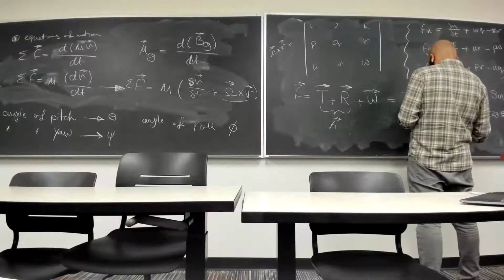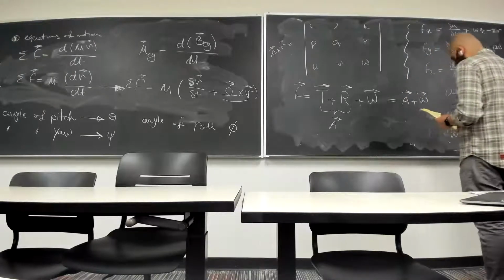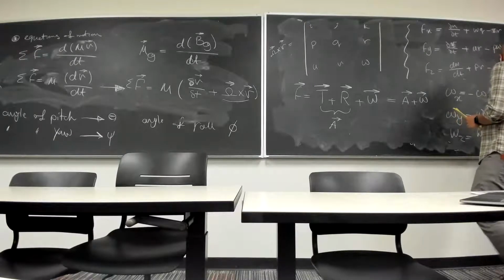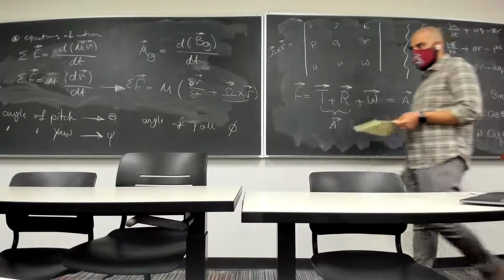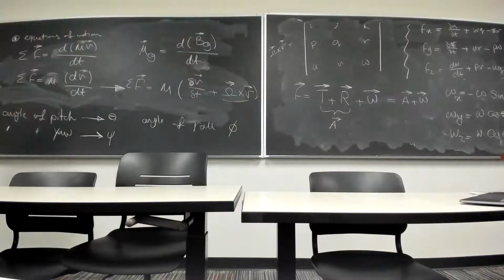And your weight force in the z direction is going to be W cosine of theta cosine of phi, which essentially goes back to the movement of your aircraft.